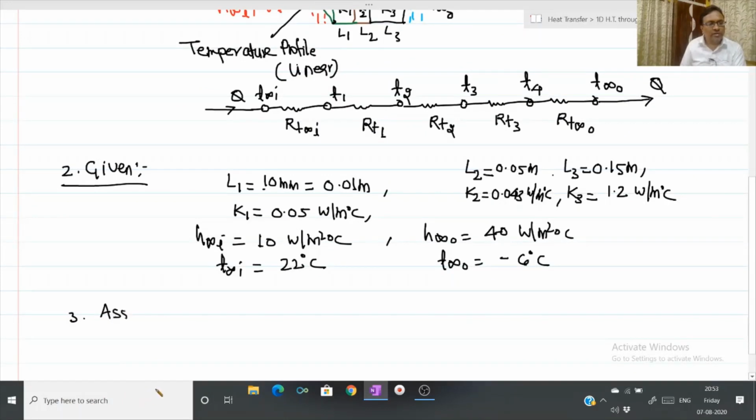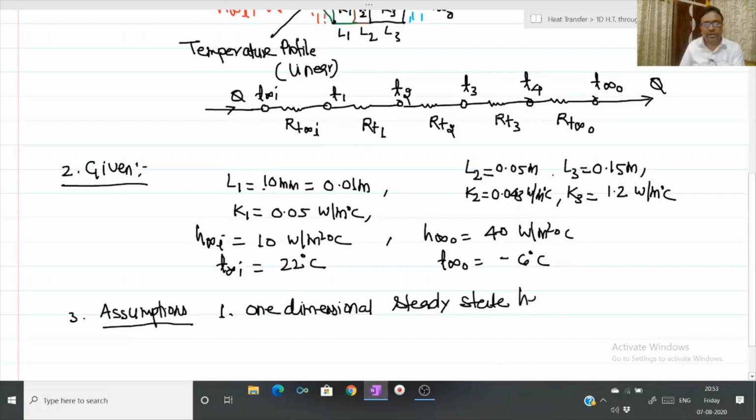The third step will be to write down all the assumptions involved. So the first very important assumption we will be taking as one-dimensional steady state heat transfer. I won't say heat conduction because here heat transfer is taking place by combined mode, conduction as well as convection. So one-dimensional steady state heat transfer.